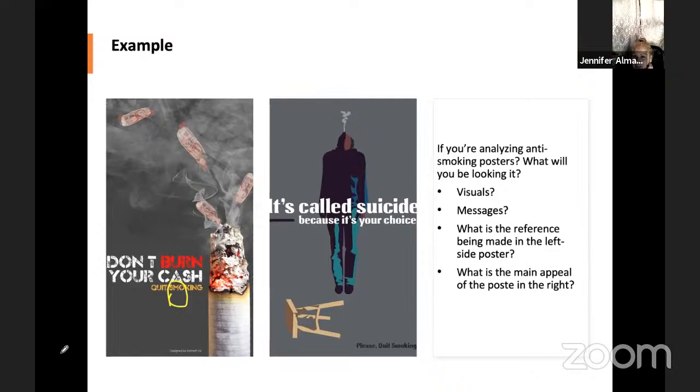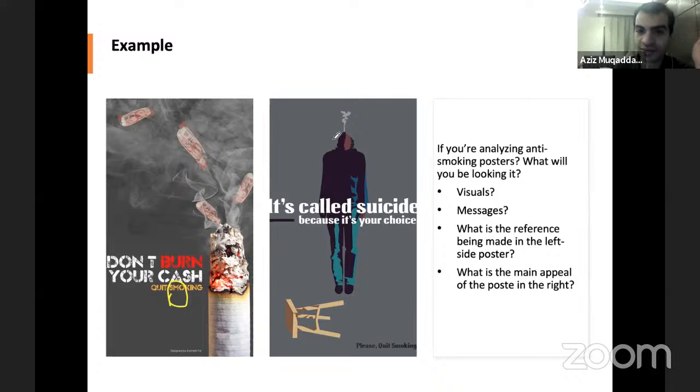The left side, is it the monetary value, like spending your money on cigarettes is a waste? Yeah. So the appeal is don't waste your money, stop smoking, right? So smoking wastes your money or burns your money. That's the instance being used.